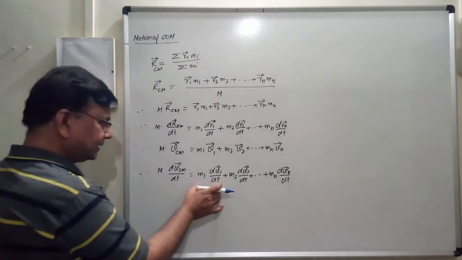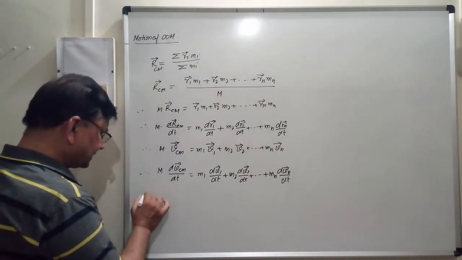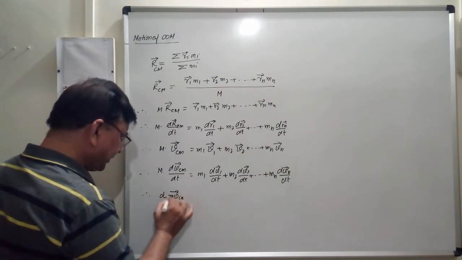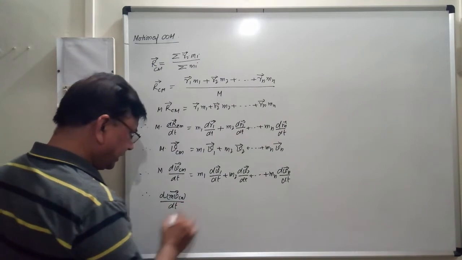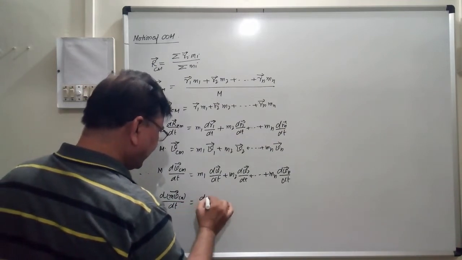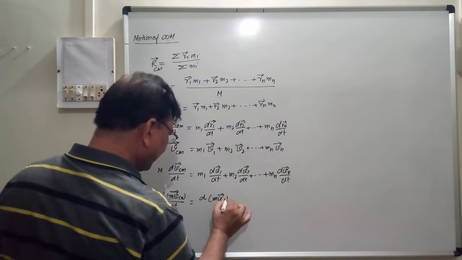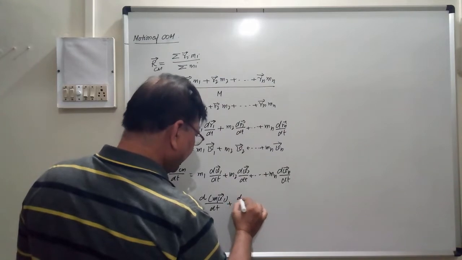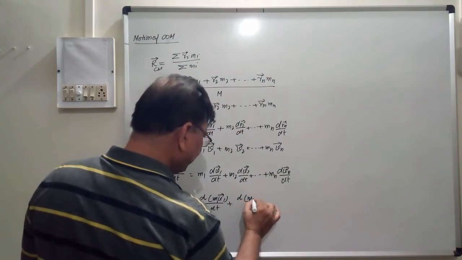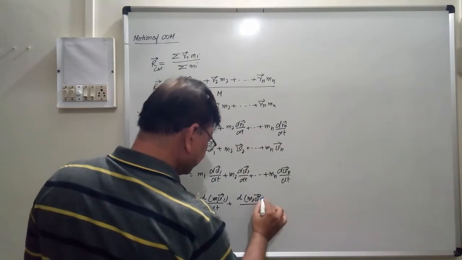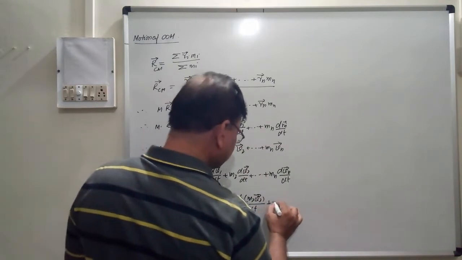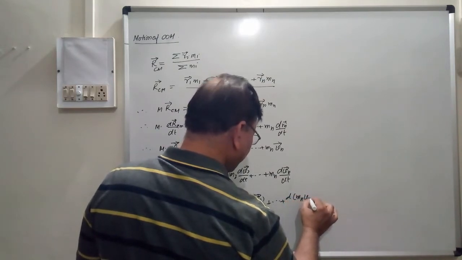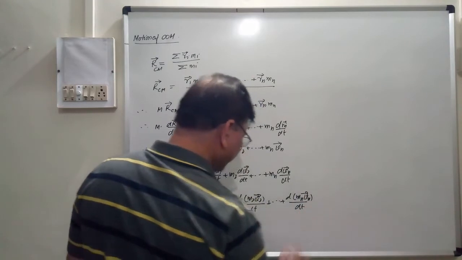This can be written as d(M Vcm) upon dt is equal to d(M1 V1) upon dt plus d(M2 V2) upon dt plus like this, differentiation of Mn Vn upon dt.